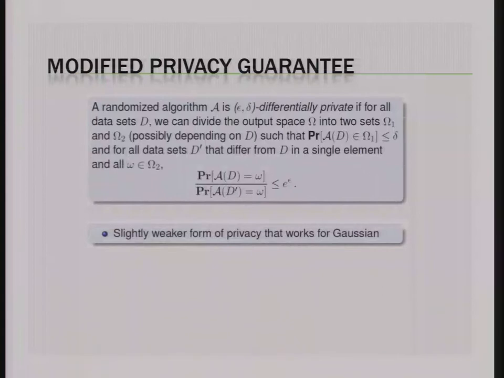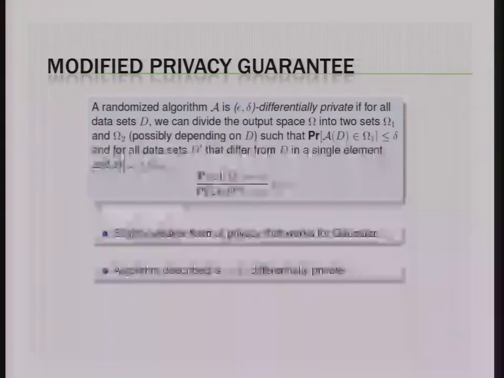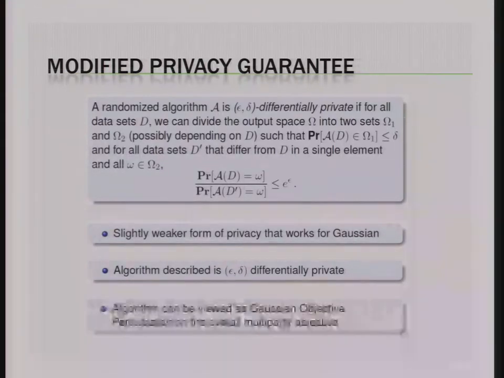This is a slightly weaker form of privacy, but it works for Gaussian vectors. So you can in fact use this method and make the algorithm that I just described above epsilon-delta differentially private. As I said before, this algorithm can now just be viewed as a Gaussian perturbed objective, and then you can analyze the algorithm as just objective perturbation but with Gaussian noise.